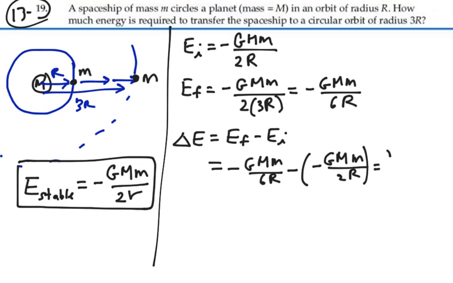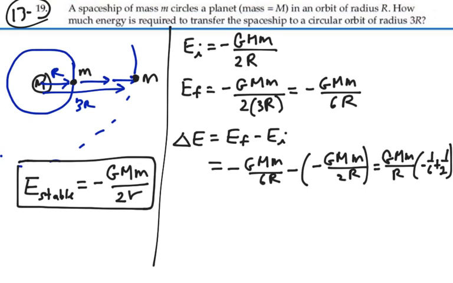So this is G M m over r times negative 1/6 plus 1/2, because a negative negative will give you a positive.